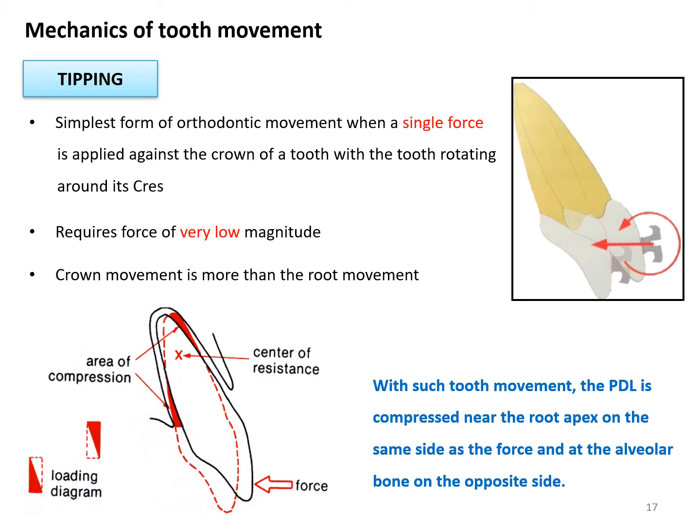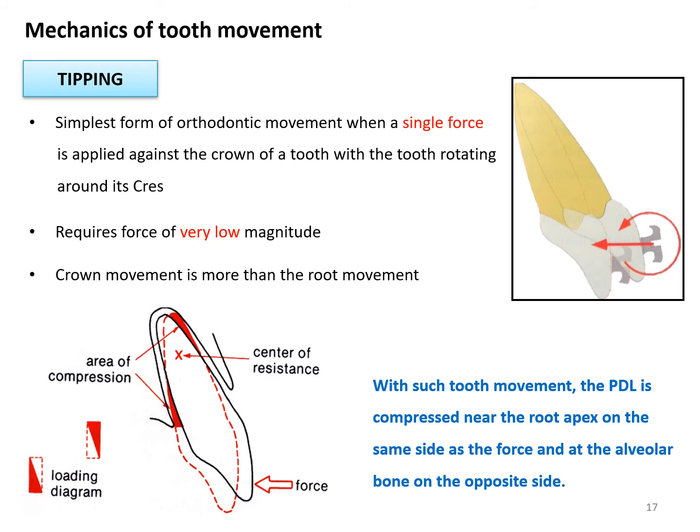This kind of movement usually requires very low magnitude force and it results in the crown movement being more than the root movement. Also, what you need to understand in such kind of tipping movement is there are areas of resistance and there are areas of compression. So when the force is applied at the crown region, the center of resistance makes the tooth rotate.